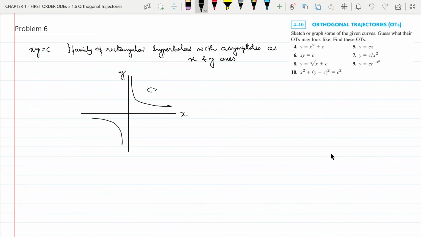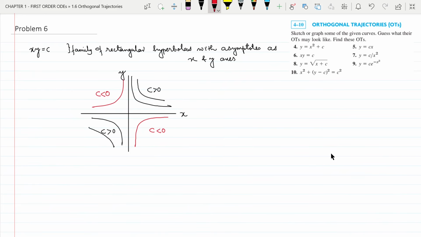So for c greater than 0, this is the shape of the hyperbola, and for various values of c, various curves like this can be drawn, and for c negative, this is the shape of the hyperbola. This is for c less than 0.